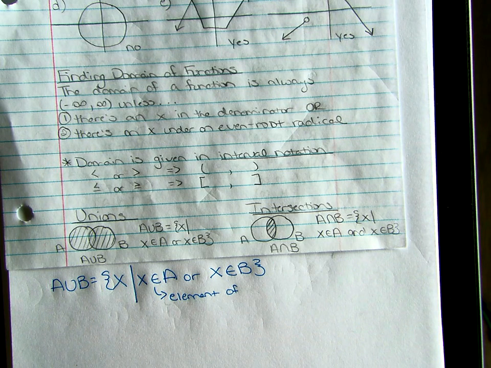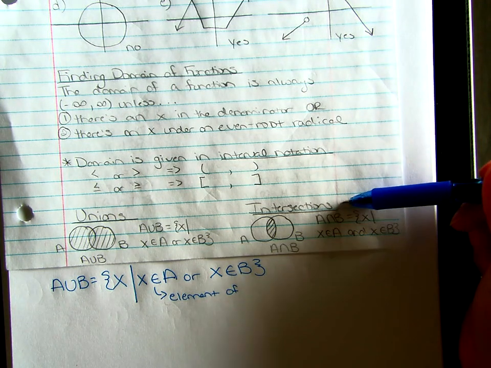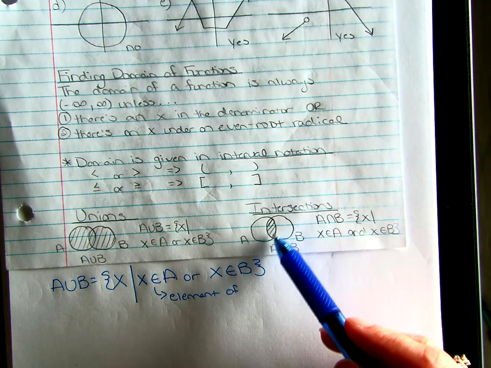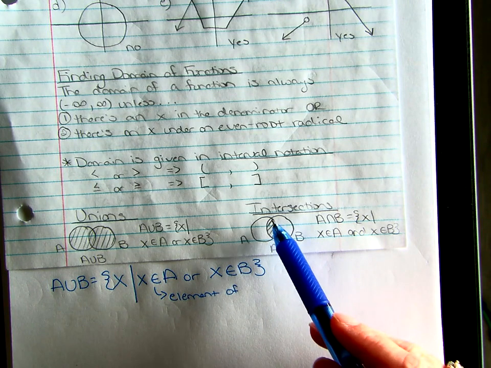Intersections, though, are kind of just a special subset in the middle. Notice with the Venn diagram, we have set A and set B, and where they overlap here in the middle is actually the intersection.